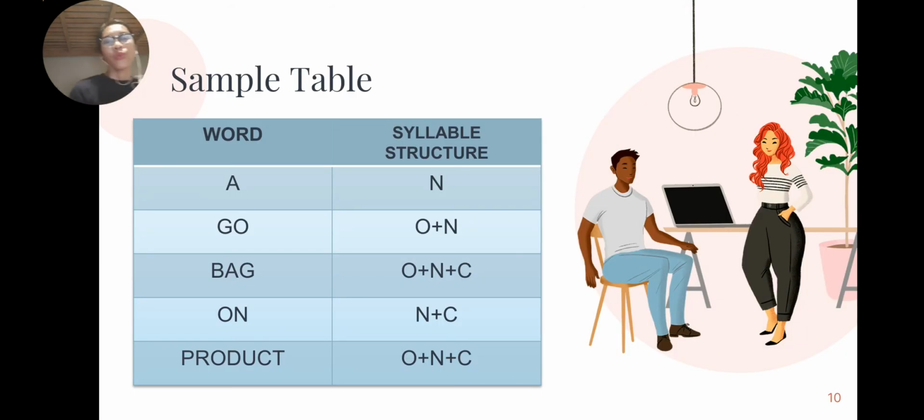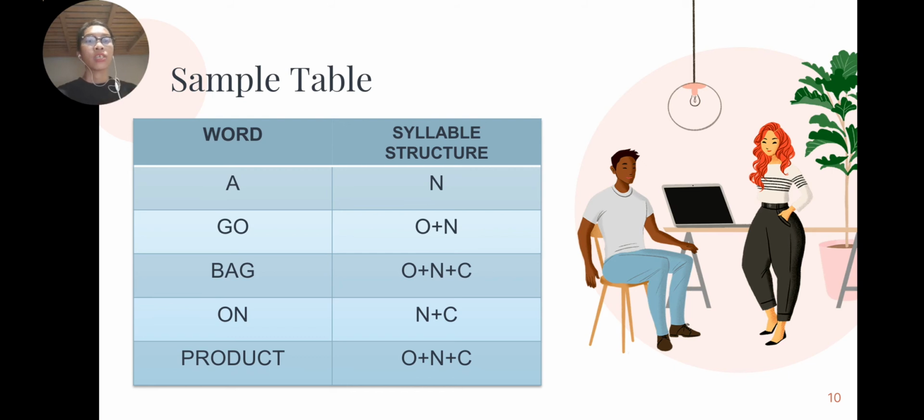Okay, so we have here the table, the words on the left side and the syllable structure on the right side. Word A, the structure is only N, which is a nucleus, a vowel. Go, we have onset plus nucleus.